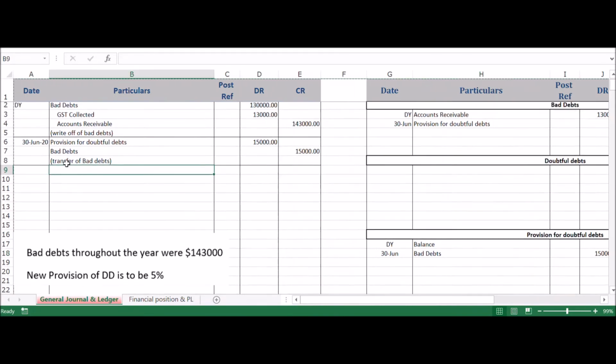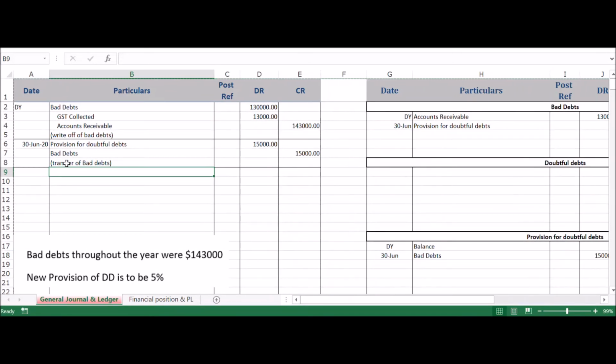So step 3 is setting up the new provision, which will need the provision of doubtful debts account and a doubtful debts account. Okay, so the provision of doubtful debts account is a negative asset, so we will be crediting the account, and the doubtful debts account is going to be debited because it's an expense account.